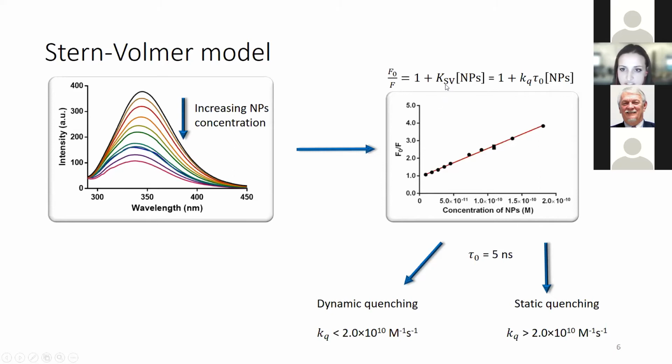This constant allows you to calculate the quenching rate constant using a specific tau value. Tau is the fluorescence lifetime of tryptophan in the absence of a quencher. Because tryptophan contributes to the fluorescence of the protein the most, you use its tau value, which is 5 nanoseconds, and you can calculate this quenching rate constant. If it's above 2 times 10 to the power of 10, you have static quenching, and this has been described in the literature.